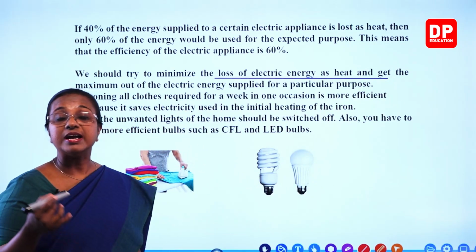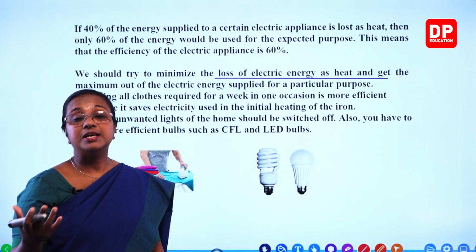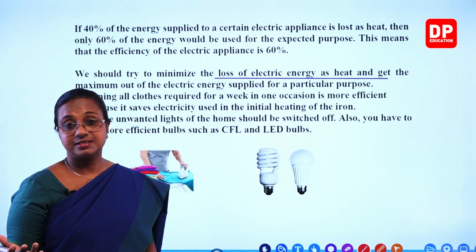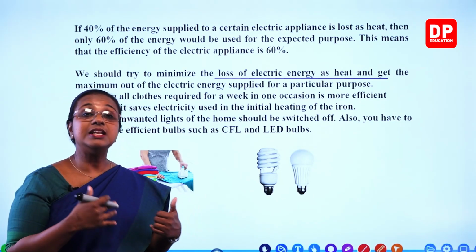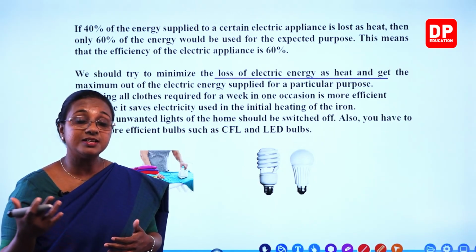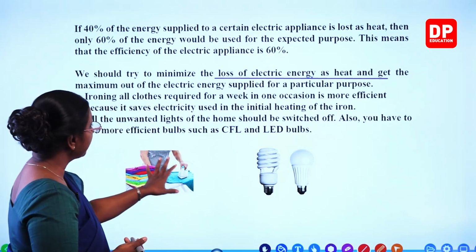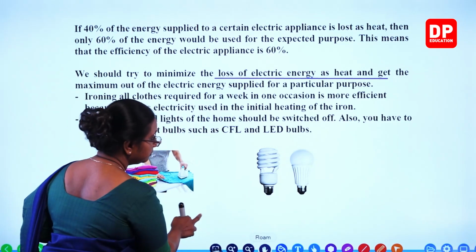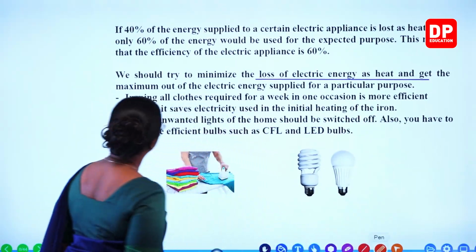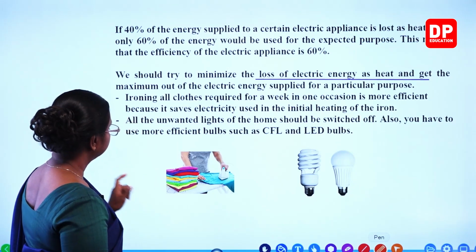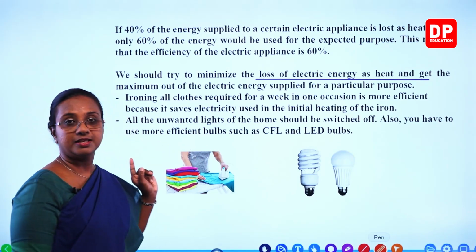You know why it is lost as heat, because of the internal resistance. By following certain procedures, we can try to reduce that. Some are given here. Now first one. You can look at the picture here.